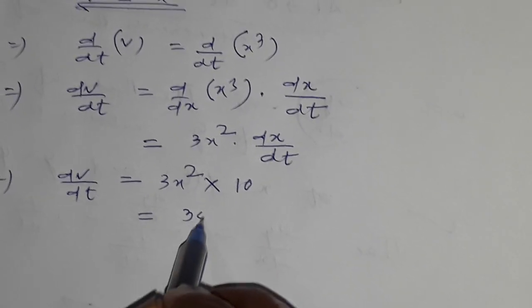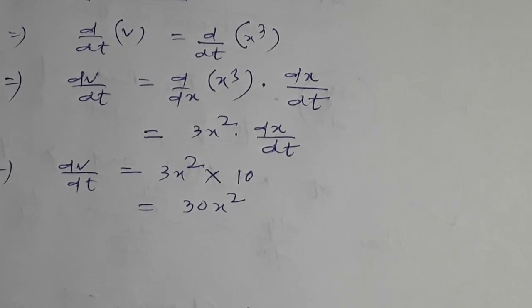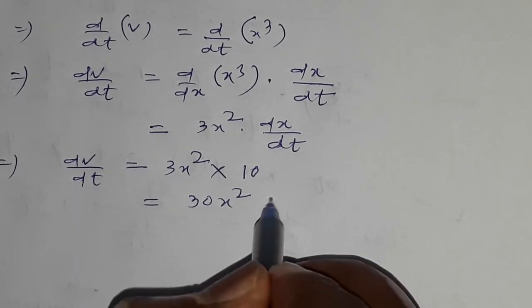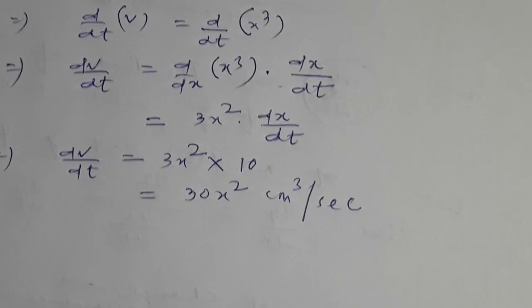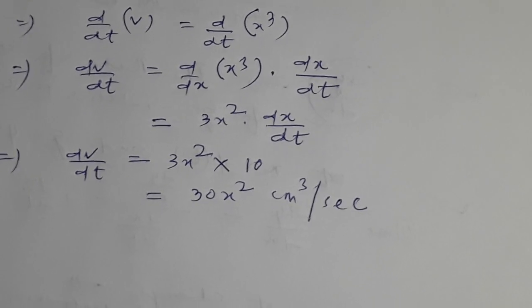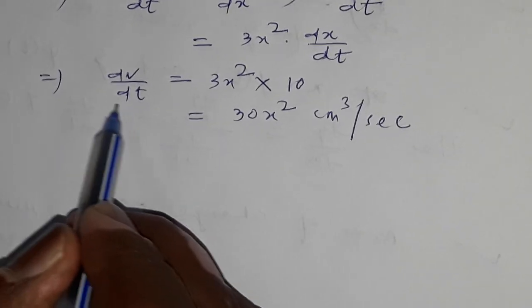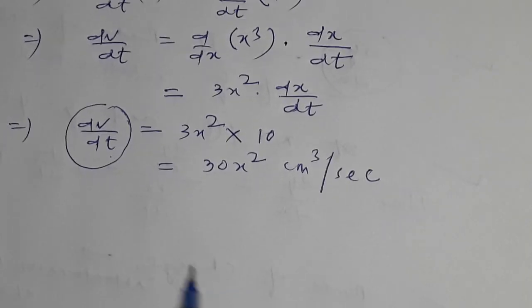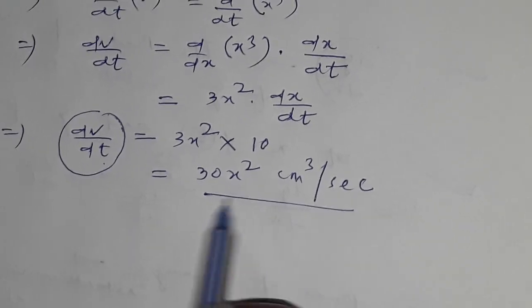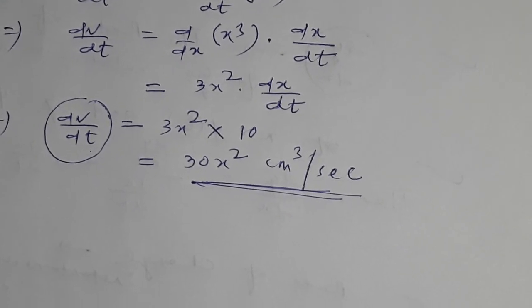This equals 30x square cubic centimeter per second. That means the rate of change of volume with respect to time t is 30x square cubic centimeter per second.